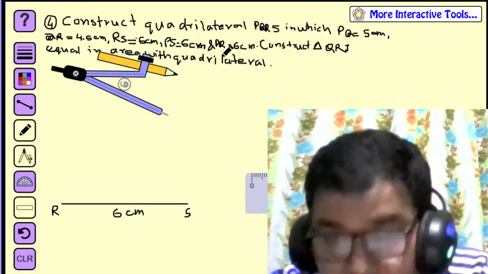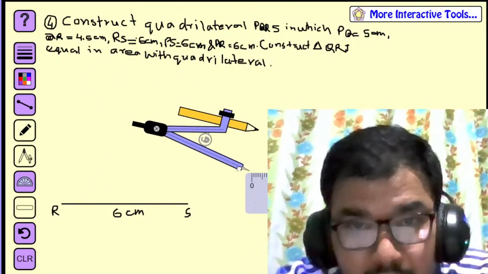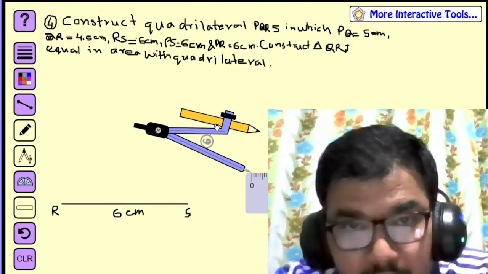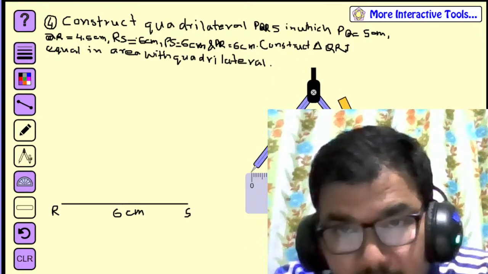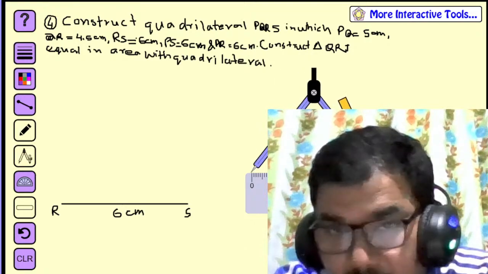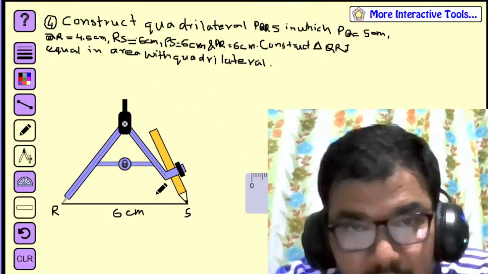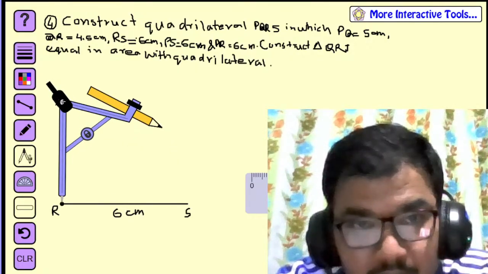That's why I take here arc length, and measure up to here 6 centimeter. And now put from R and draw here like this.